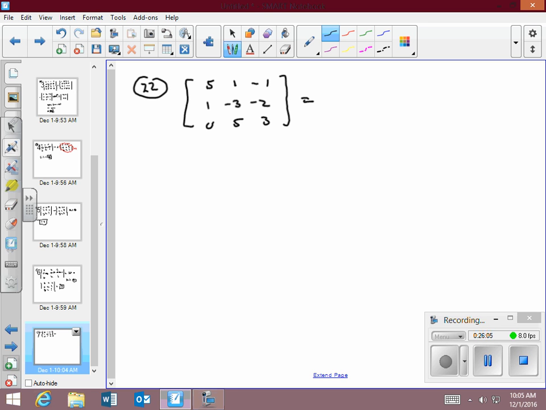Okay. What's the best way to approach this? The second row times 5 and go up.